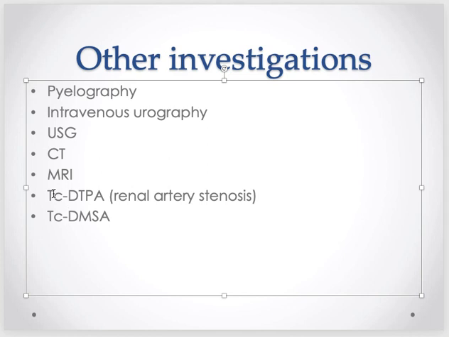They are filtered by the glomerulus, and they are partially bound to the proximal tubular cells. When they give the injection, they take the images, and the images basically show the size and shape of the kidney.